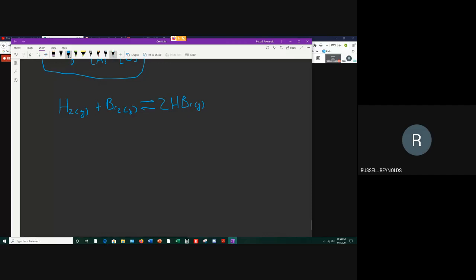And the reason I'm including and being so specific about these states of matter is because, and I'm going to write this over here, and I'm going to strongly emphasize this, do not include solids or liquids.